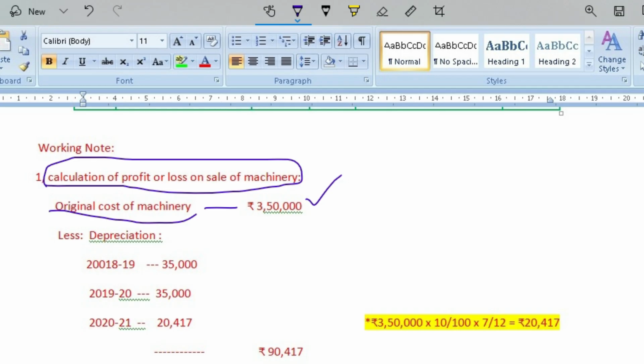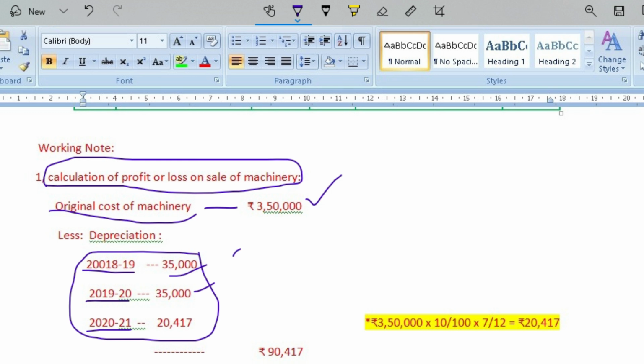So for 2 years 7 months, we have to deduct depreciation from the cost price to calculate the profit or loss on sale of machinery. This is the first year depreciation, this is the second year depreciation. Here it is given 2018-19, 2019-20 and 2020-21.